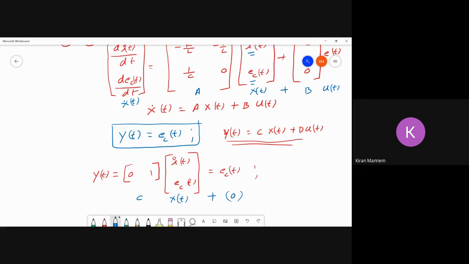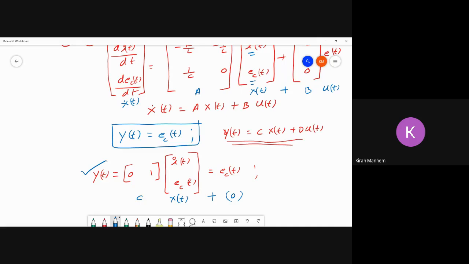And this can be represented like that. Okay. So this is how you can represent the state variables by physical variables. The only thing is you write the equations in the circuit diagram by applying KVL and KCL and put it in the state model equations. That's it.